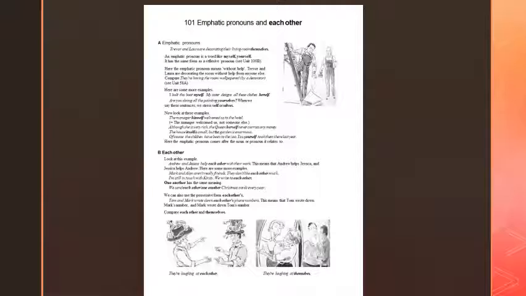So, we have already discussed in the very introductory lecture that each other and one another are known as the reciprocal pronouns. So, reciprocal pronouns means that the action is equally affecting the two people. So, in this first example, Andrew and Jessica help each other.